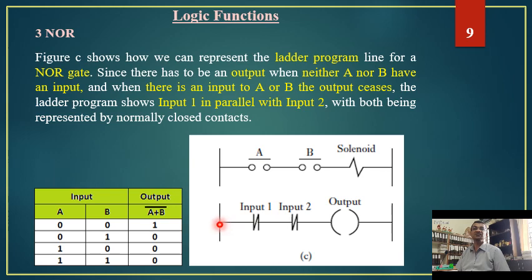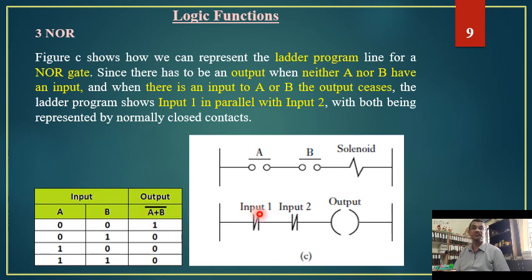So current can easily flow from the positive power rail to the negative power rail because both these switches are normally closed. That is what we will see. Even if input A is not there, input B is also not there, still we have the output.